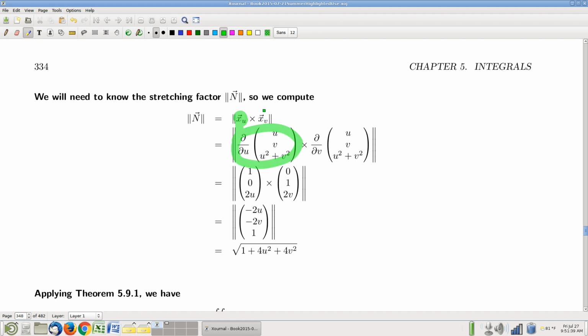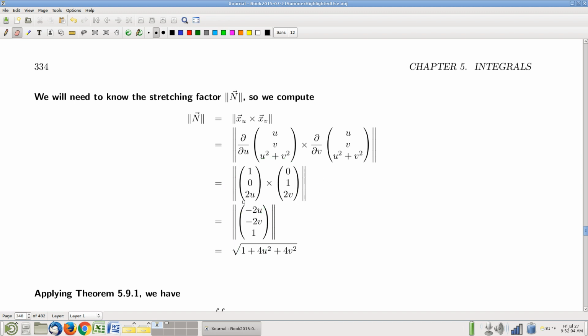x_u, partial derivative. x_v, partial derivative. Y'all can compute partial derivatives. You get that and that. So again, make sure that you can do that. It's a technique we talked about a lot back in chapter 4, taking partial derivatives. Now, take a cross product. Well, it's chapter 1. Make sure you're good at those.